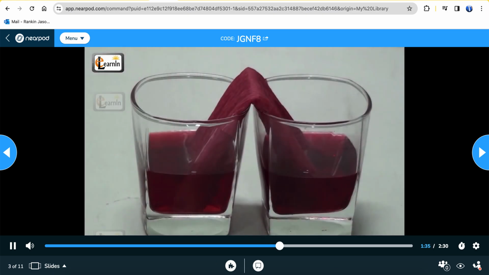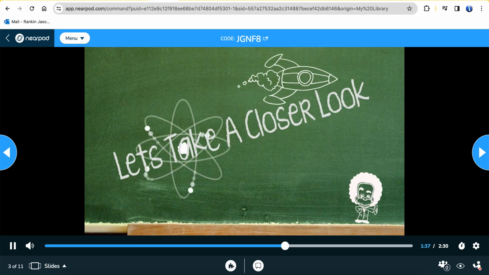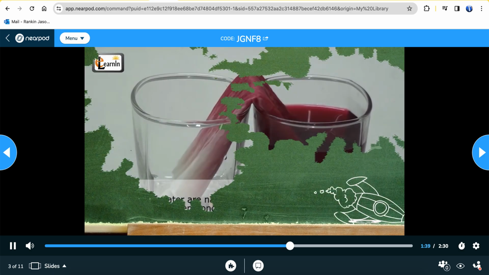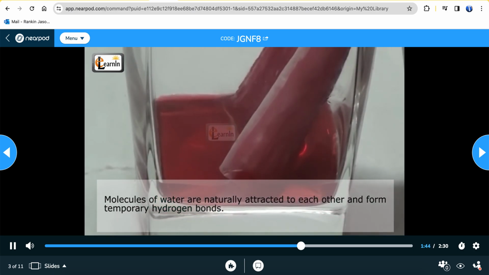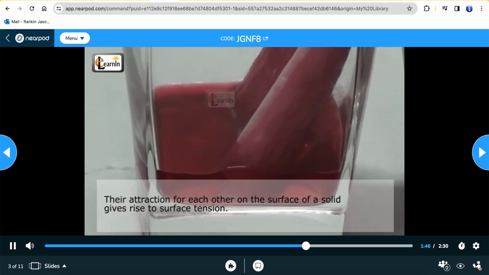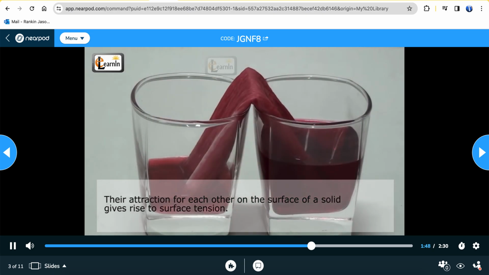Now let's take a closer look. Molecules of water are naturally attracted to each other and form temporary hydrogen bonds with each other. Their attraction for each other on the surface of a solid gives rise to surface tension.